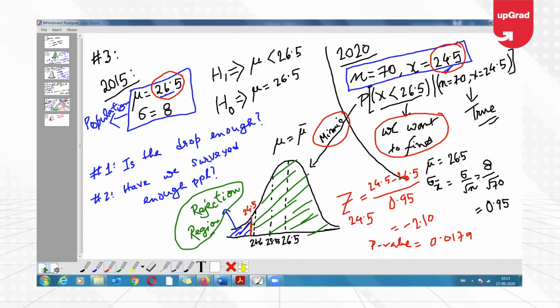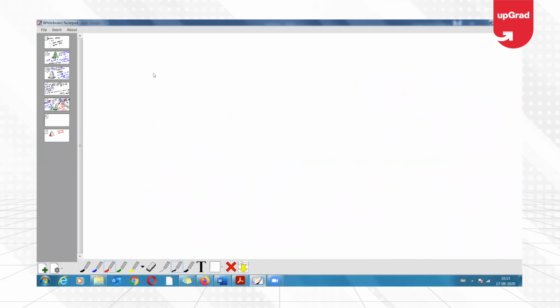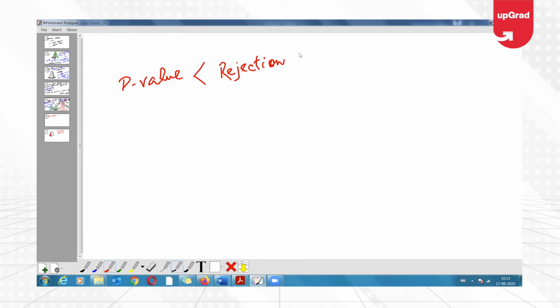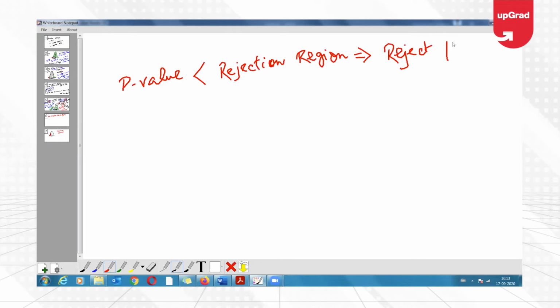So now the formula is very simple from here. The p-value which we calculate, if it is less than the rejection region, we can say that we reject H0, right?